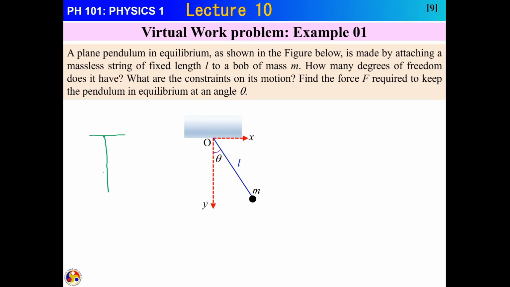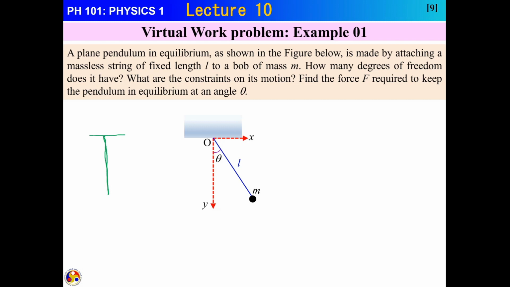This is the equilibrium position, it just hangs vertically downside. I hope there is no doubt on it. But now we are going to keep equilibrium at a position with the angle given theta, some value. Can I hold it in equilibrium here?